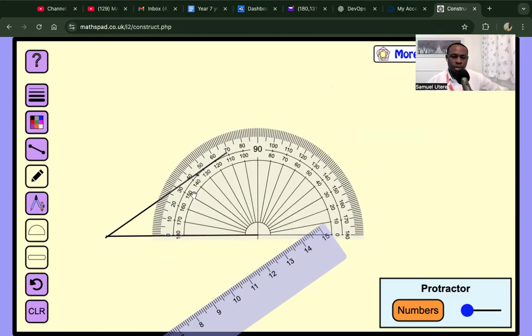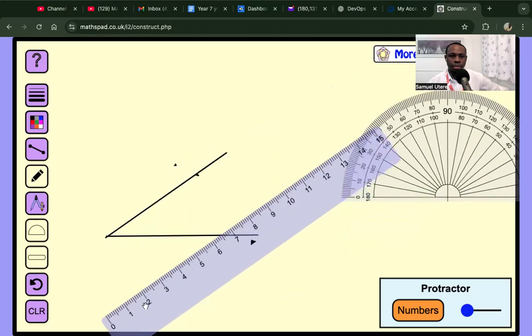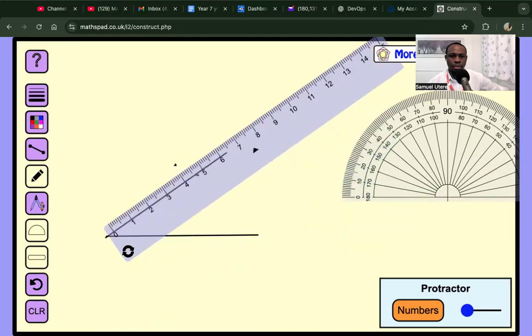Then we want to measure 40 degrees. So we're using the outside scale. So we measure 40 degrees. We mark our 40-degree point. We take our ruler. Okay.